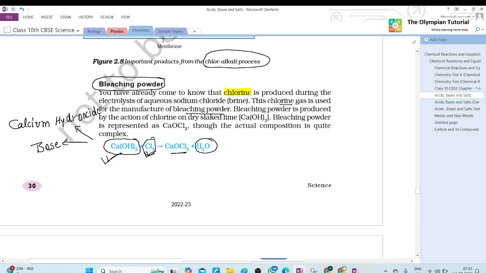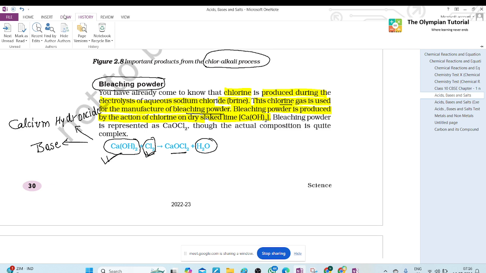Chlorine, underline with me, is produced during the electrolysis of aqueous sodium chloride, means brine solution. This chlorine gas is used for the manufacture of bleaching powder. Bleaching powder is produced by the action of chlorine on dry slaked lime. This is sufficient.